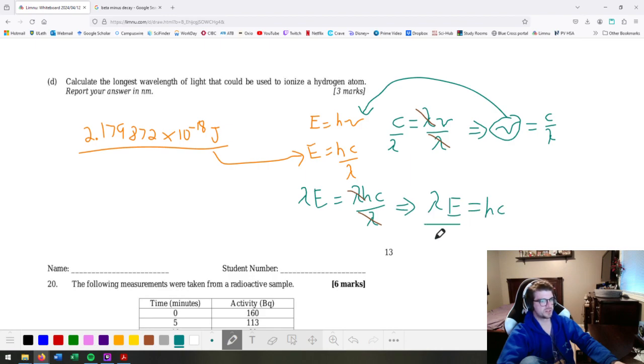Then we divide both sides by E, and these E's cancel, giving us lambda equals hc over E.